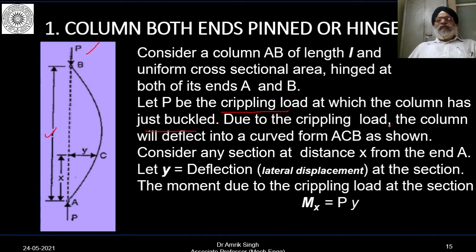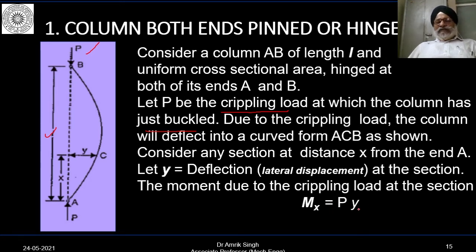Due to the crippling load, the column will deflect into the curved form, that is ACB. Consider any section at a distance x from end A. Let y be the deflection or the lateral displacement at any section. So the moment due to the crippling load will be P into y.